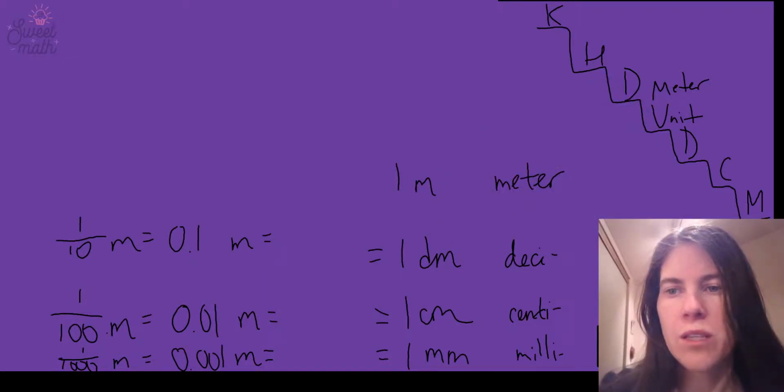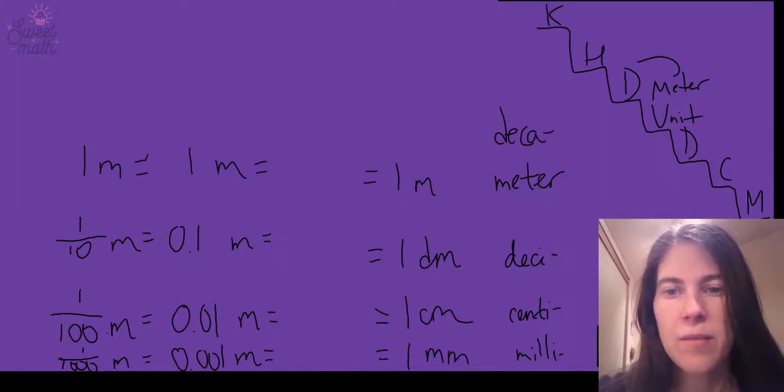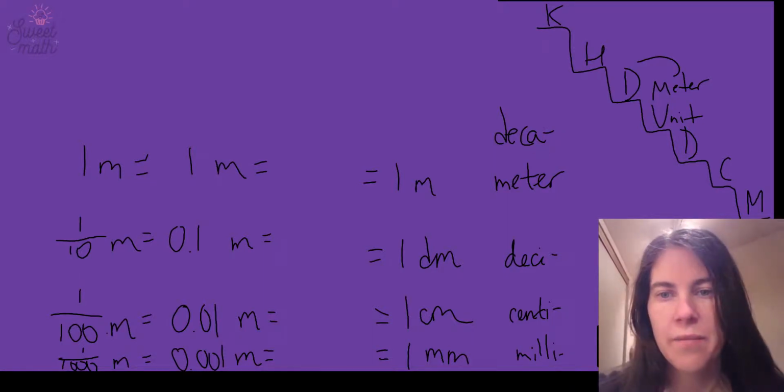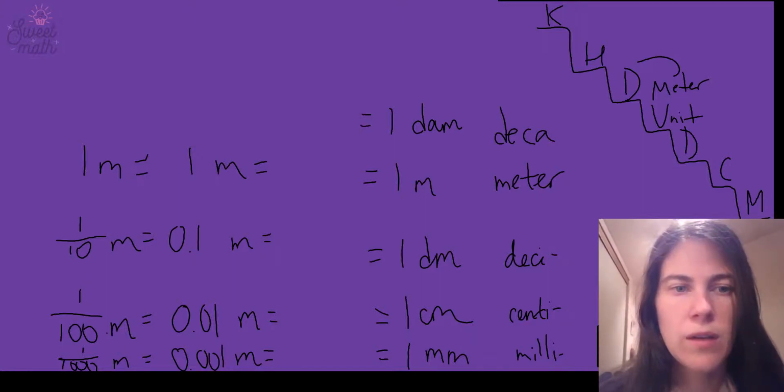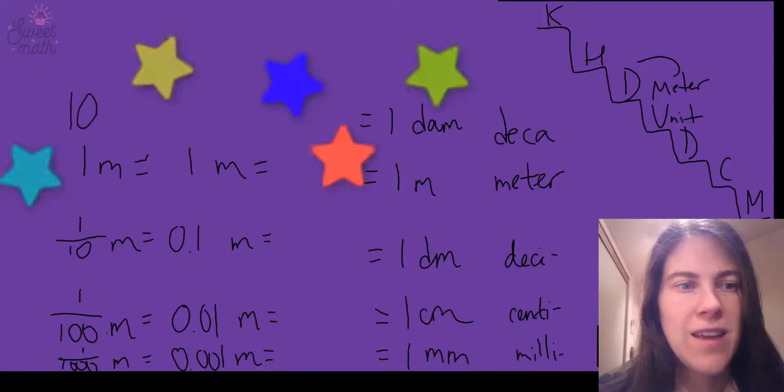So if we're going to go up now, what is the next biggest thing? It's a decameter. Like decade, but decameter. And instead of abbreviating it like decimeter, we're going to abbreviate it DAM to make it look different than decimeter. Guess how many meters are in a decameter? 10.